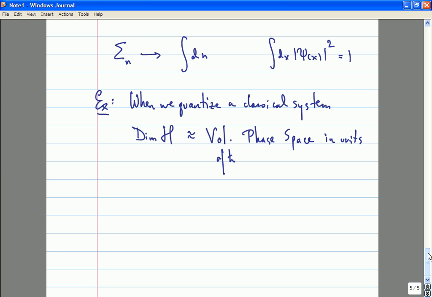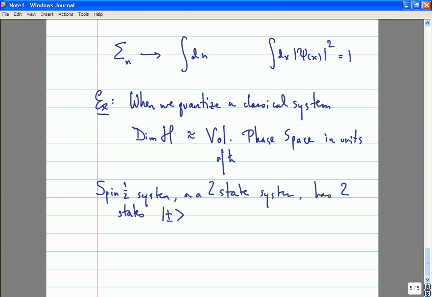So for example, a spin 1/2 system or a two-state quantum system has, well, it has two states, which we will often denote as either plus or minus, or up and down.